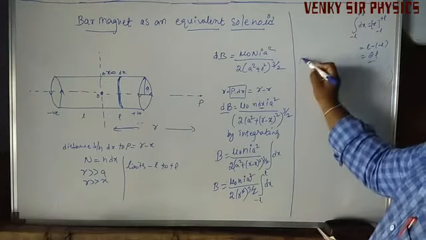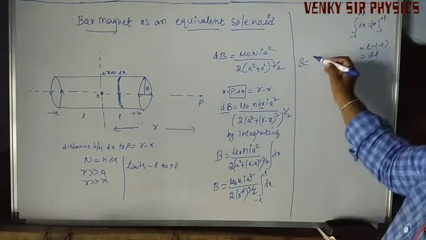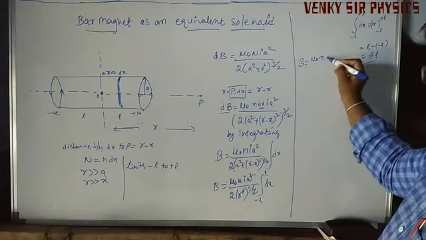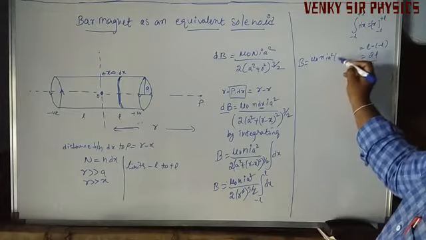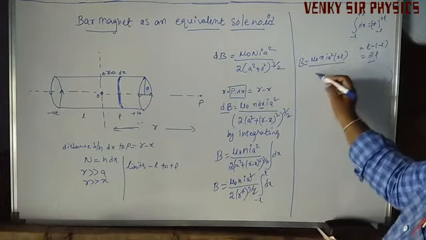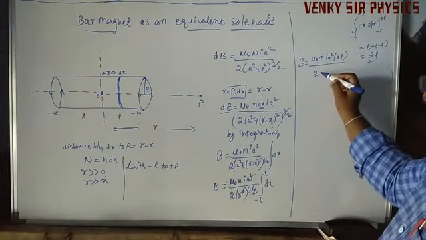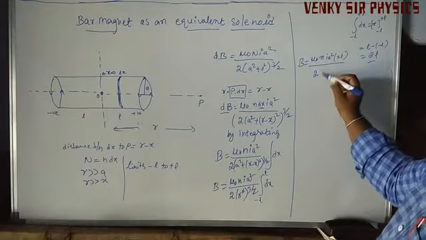So B is equal to mu naught n I a square into 2L divided by 2 into r power 3.